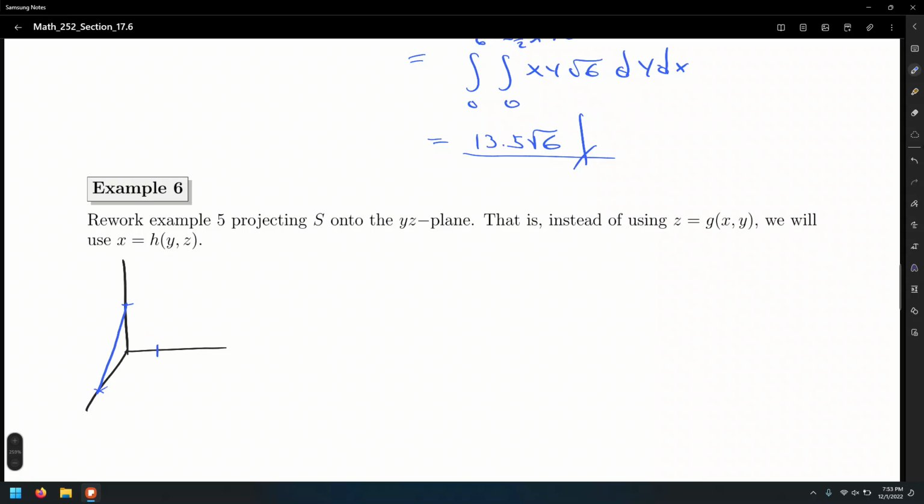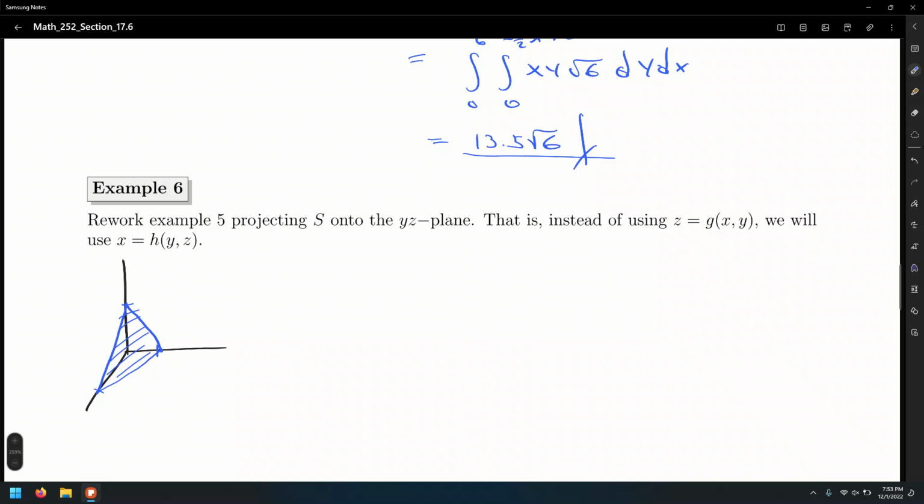That's one, that's another one. Same tetrahedron. However, we're not projecting onto the floor. We're projecting onto one of the walls, the wall that involves the y-axis and the z-axis.